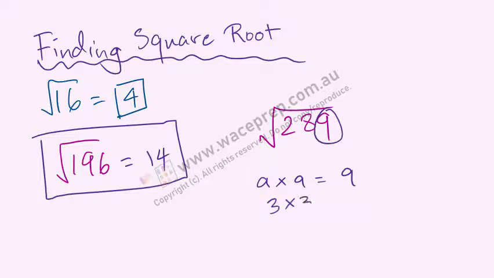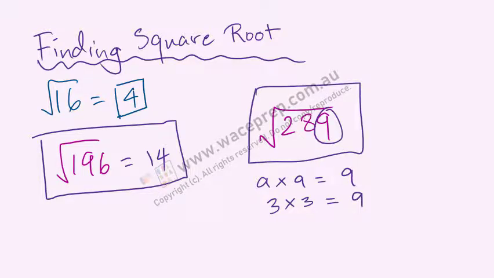3 gives us 9. 3 times 3, identical numbers, gives us 9. Okay, so 3 times 3 gives us 9. So the next bigger number, we need a big number. Remember, we need a big number to get the square root of 289. 3 is definitely not the number, because 3 only gives us 9. So that's why we are looking for the next big number. So next big number is 13 and 13.